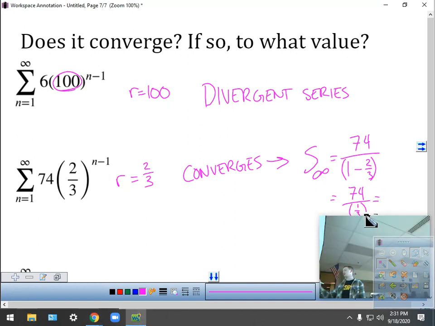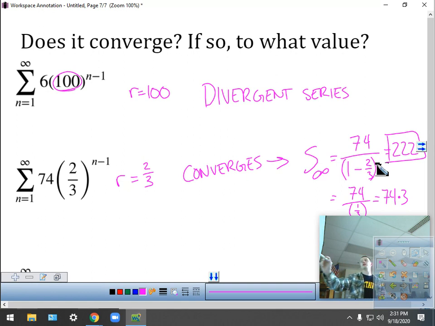You could just put this in your calculator. That's totally fine. I'll pull my phone out in a second. But this is the same as 74 times 3. If you don't believe me, you can just put it in and check. But 74 times 3 is 222. So my answer is 222. This series converges to 222. And I know that because the ratio is between -1 and 1.